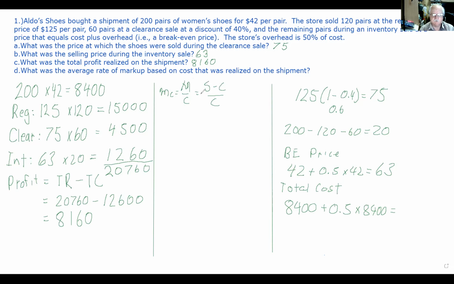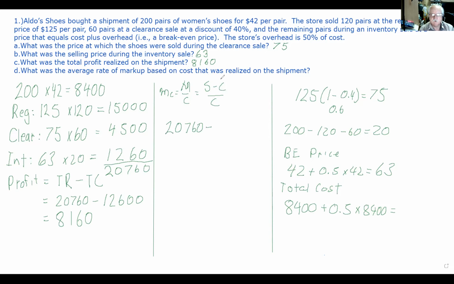That's our basic formula for calculating the rate of markup based on cost when we're dealing with one unit. But now they want us to deal with the whole shipment. So this selling price has to be their total revenue. We're going to put their total revenue in here, 20,760.